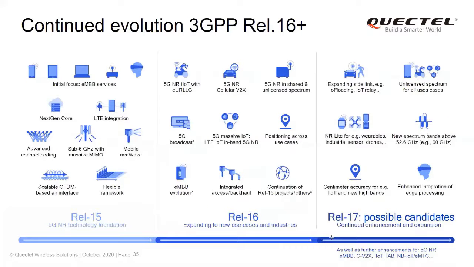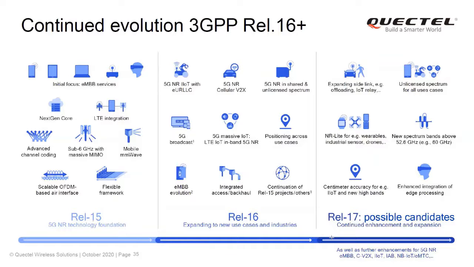As an overview, those are applications and services that are planned to be released in each release. Release 15 is the foundation of 5G technology. Release 16 expands the new use cases and industry.